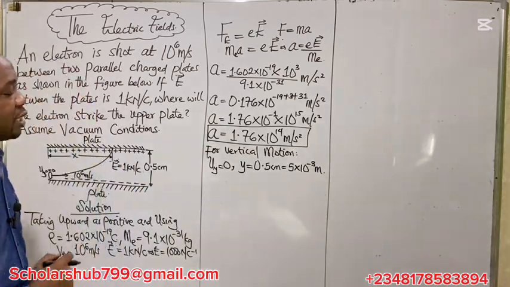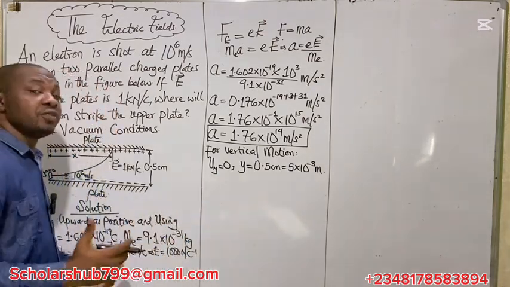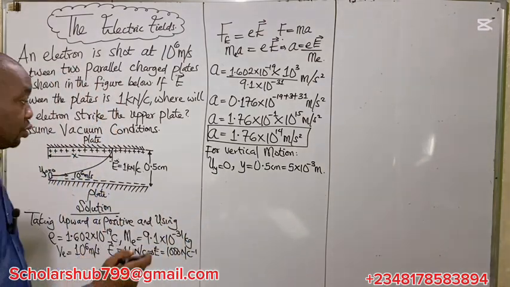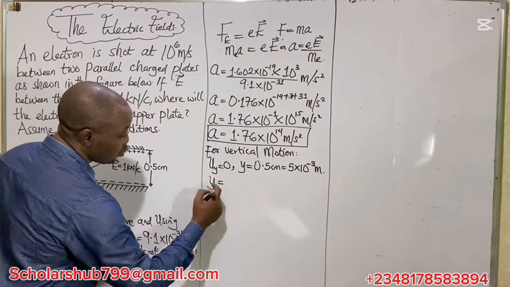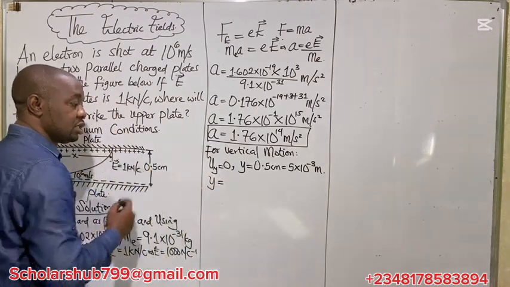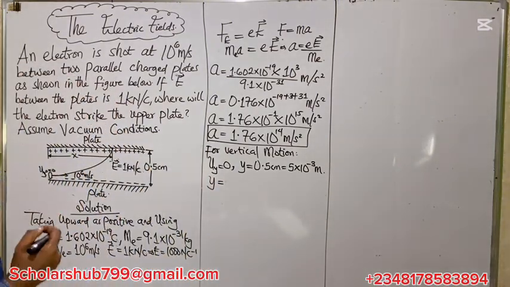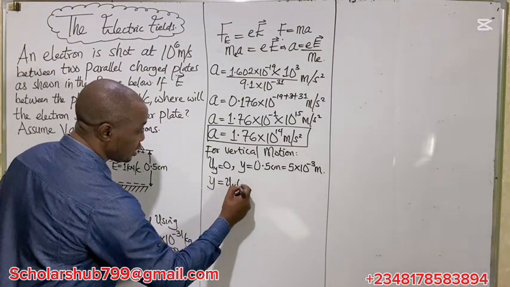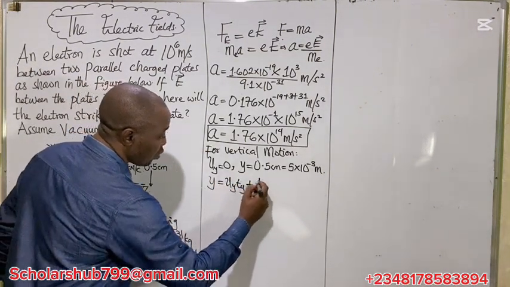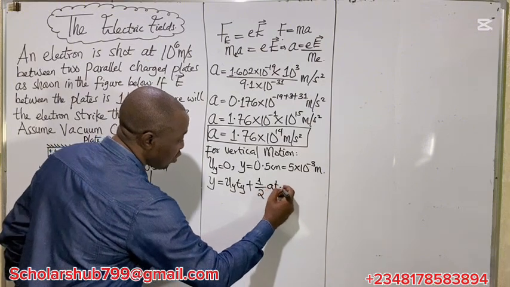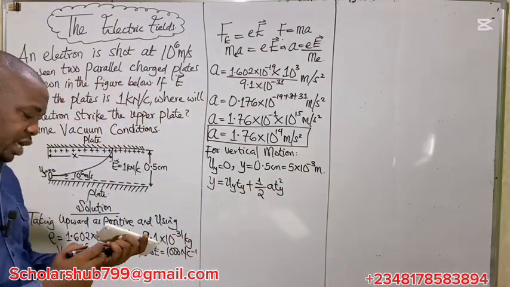All right, so now this vertical distance, using one of the equations of motion, we know that for vertical motion, when the initial vertical component of the velocity is 0, this will be uy times ty plus 1/2 of a ty squared. Now, why is it ty?